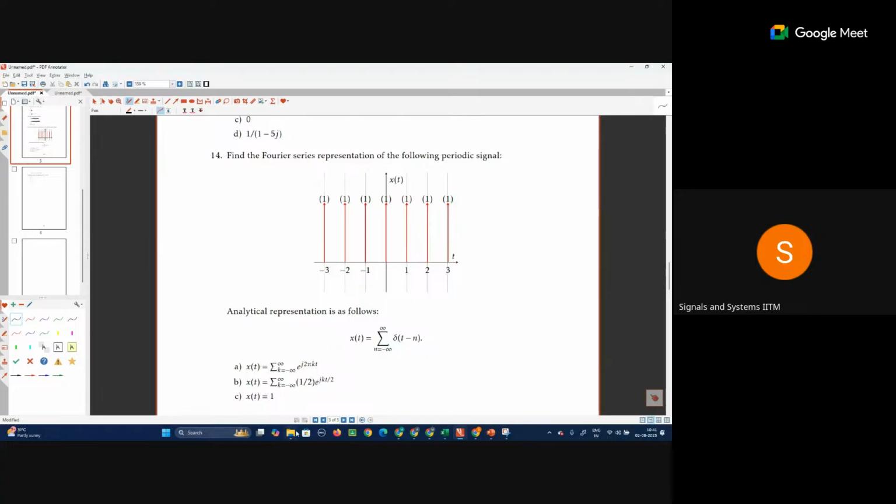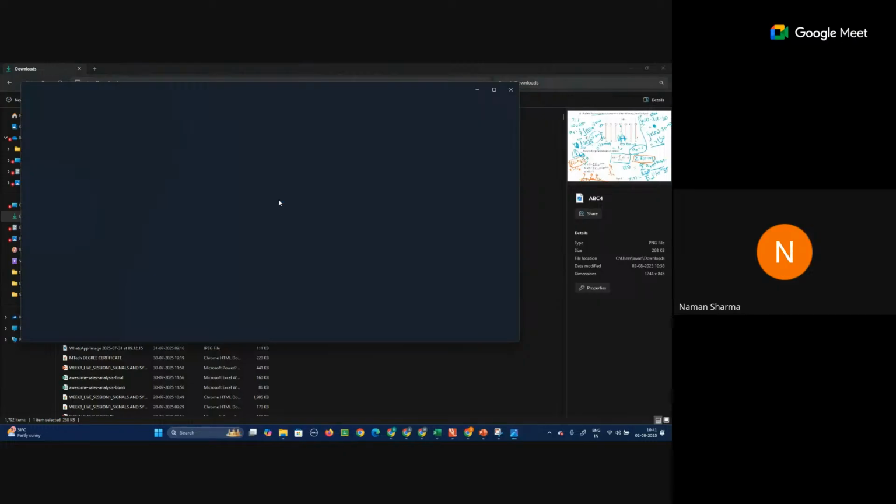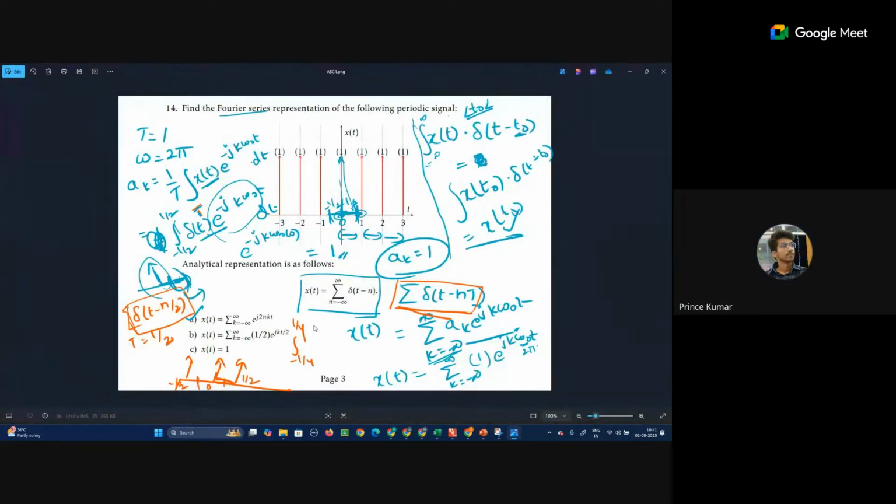Actually, ma'am, he is saying that you have taken the interval n/2 and he didn't understand that. Someone told to take the interval 0 to 1, not from -1/2 to 1/2, and after that I got confused. I got it. We won't be considering 0 to 1 in this case.